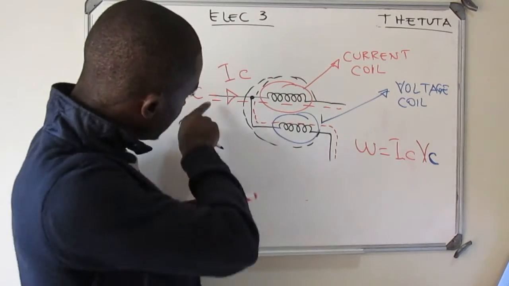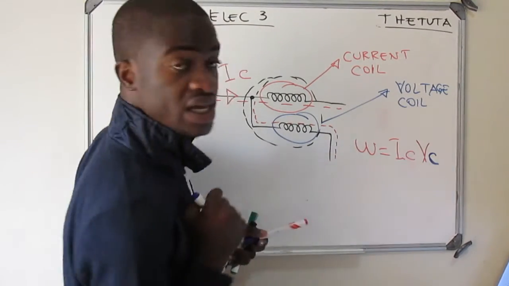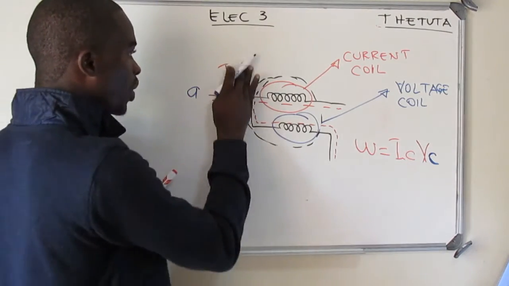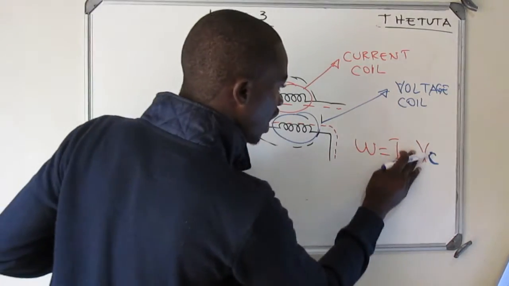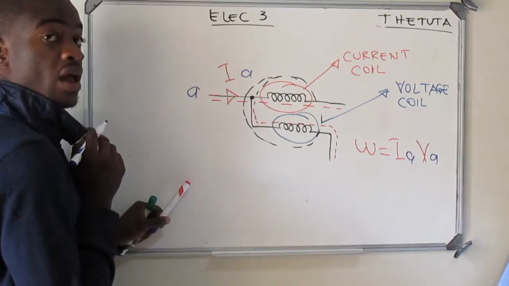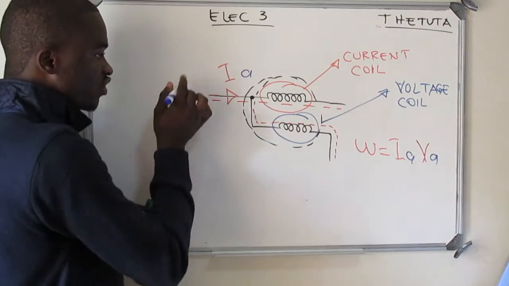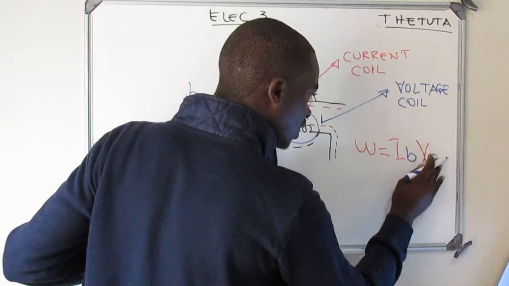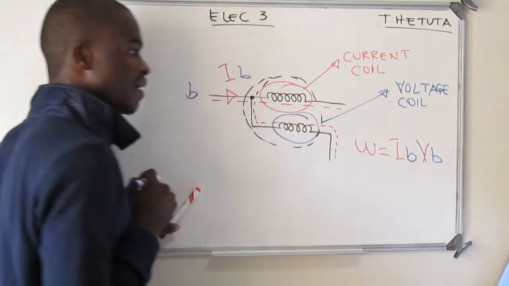So the current is from C, then I put C there. If the current is from A, I'm going to have a current A and the voltage which is going to be from A. If the current is from B, I'm going to have a current B, and as well the voltage B.